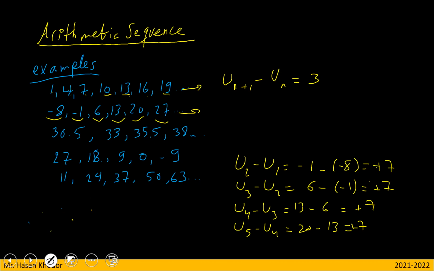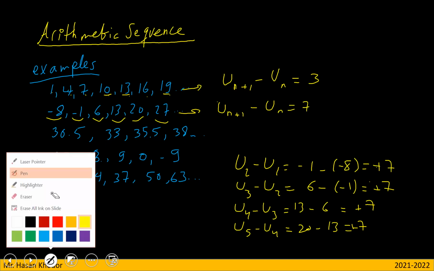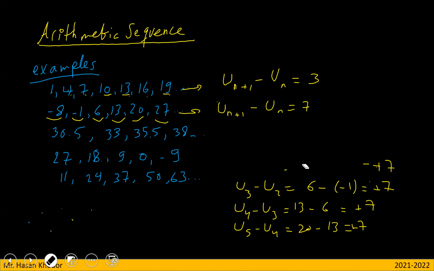Right. Okay, so in general, what can we say? We can say u of n plus 1 minus un is equal to 7. Let's look now at the third one. What can we say about the third sequence?